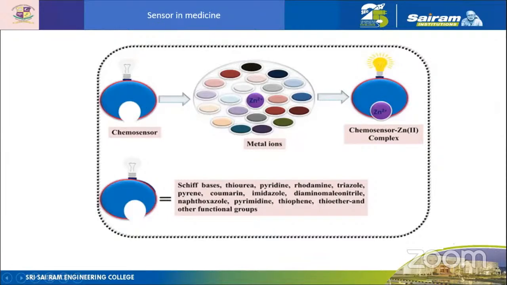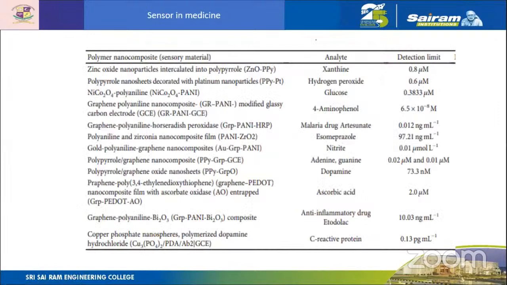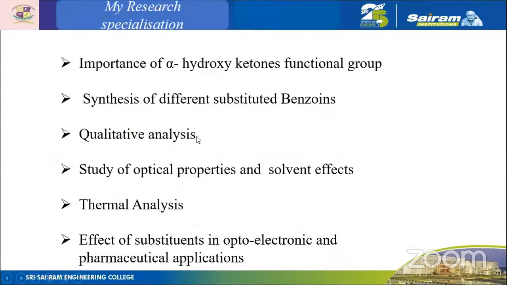So all these slides I just talked about stress how the sensor materials play a vital role in all the fields. So here are some sensor materials I have displayed for your reference, both organic as well as inorganic sensor materials.